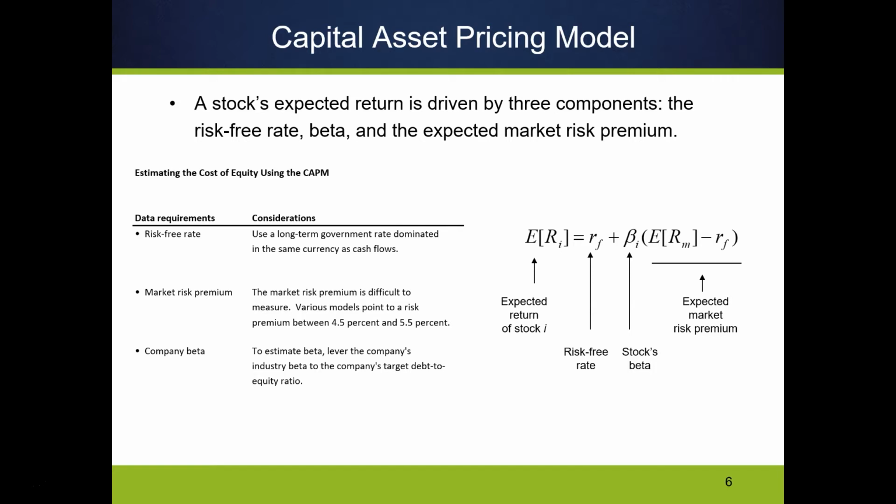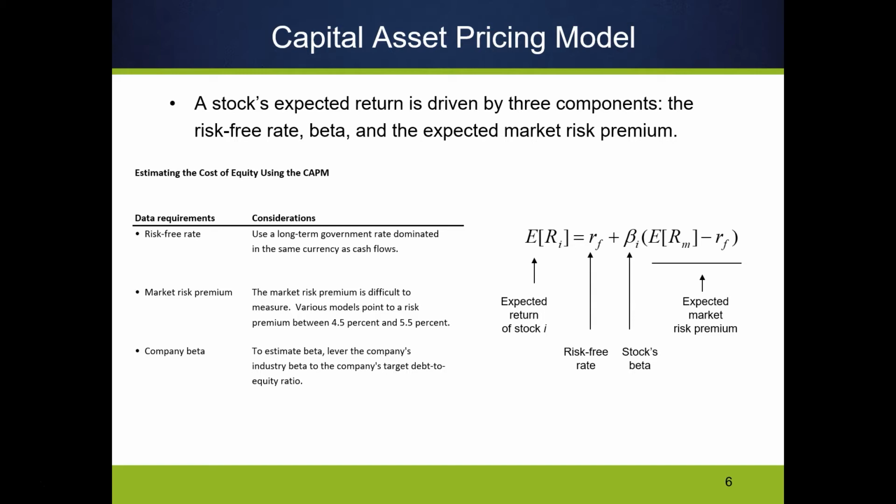Then we need to estimate the market risk premium, but what that really means is we need the expected return on the market, because the market risk premium is the expected return on the market minus the risk-free rate. And then we have to estimate beta. Now this is the hard part. We can observe the return on the market. We're going to use a historical return on the market. We can observe the risk-free rate. We're going to use the current rate being paid by the US government on their bonds.